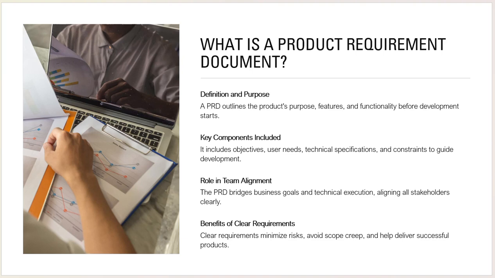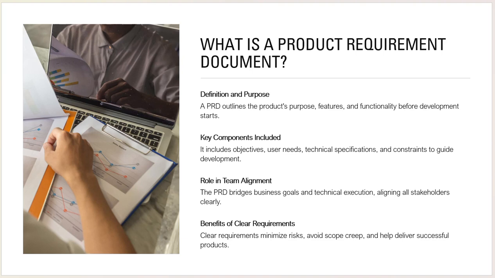The product requirement document typically includes details such as objectives, user needs, technical specifications, and constraints for a product. For a product manager, the PRD is a critical communication tool that bridges the gap between business goals and technical execution. It helps align a team, reduce ambiguity, and provide a single source of truth throughout the development process.